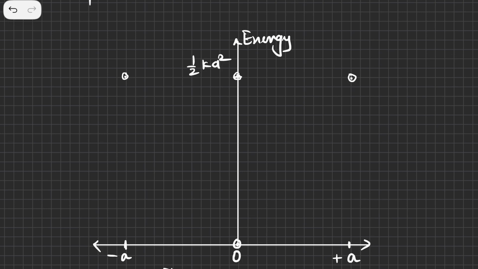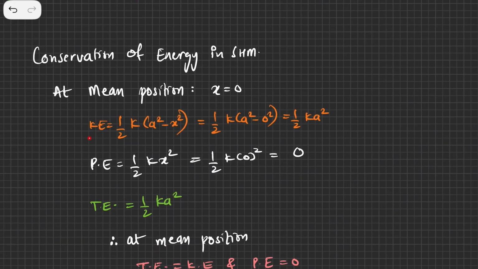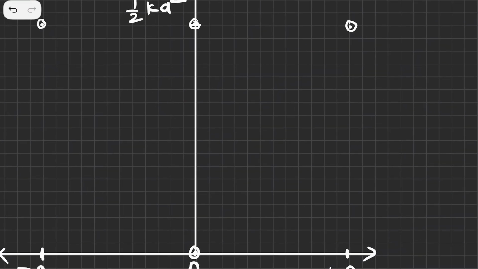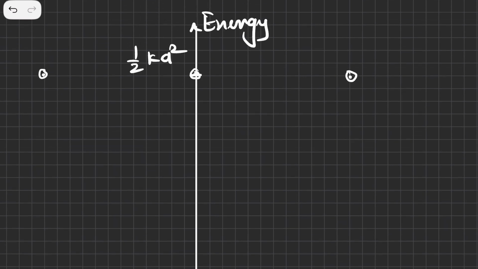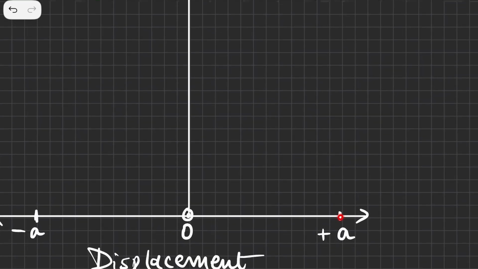No, I'm going wrong somewhere here. Now what I was saying is, when you are at the mean position, the kinetic energy is half k a square, and when you are at the extreme position, the kinetic energy is 0. So this is kinetic energy 0, kinetic energy 0.